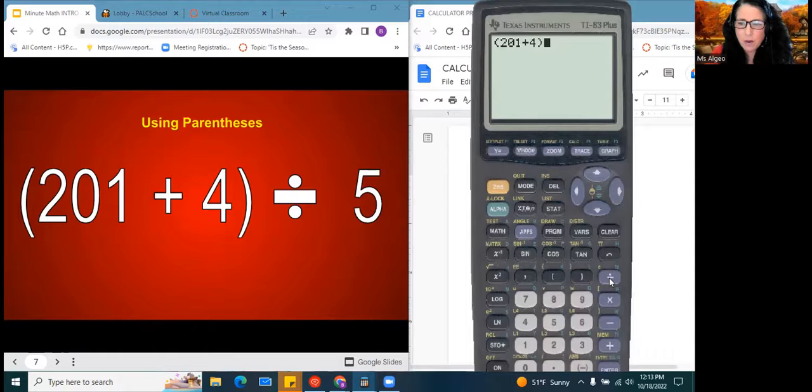Now we're going to go over to division. Notice that division looks a lot like that slash, right? Because remember, division and fractions are the same thing. So that's the same. 5, enter, your answer is 41.